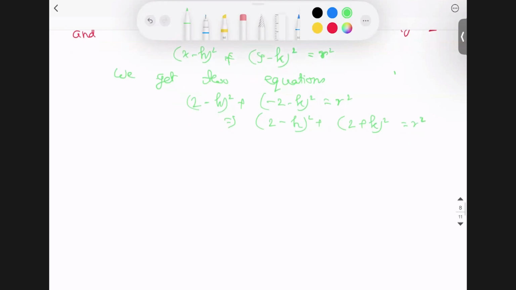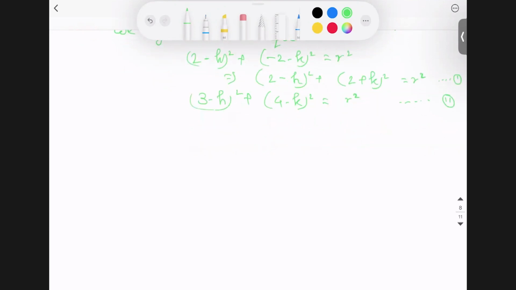And the second equation will be of the form (3 minus h) whole square plus (4 minus k) whole square is equal to r square. Okay. This is equation number 1, and this is equation number 2. We obtain two equations.